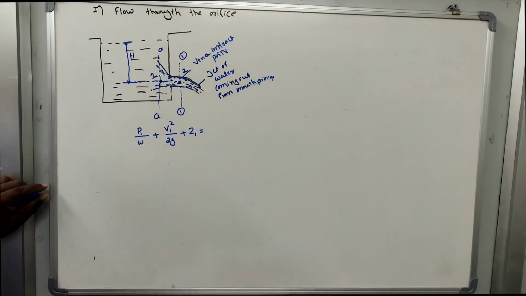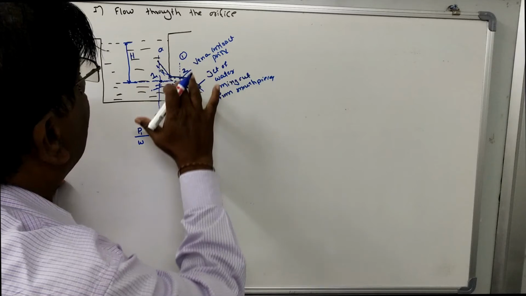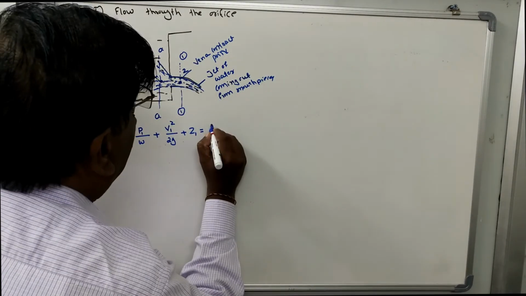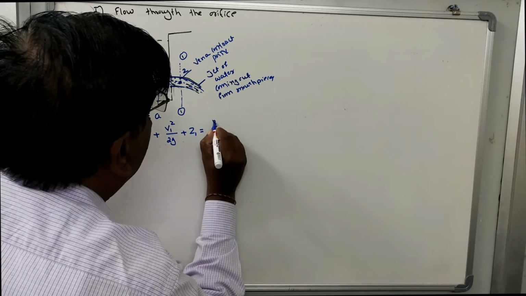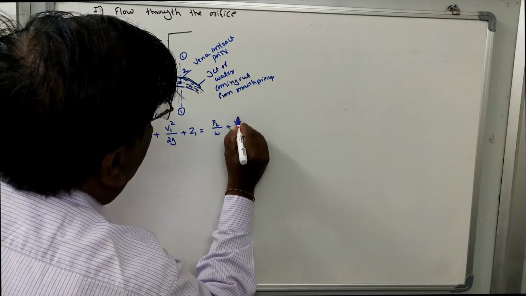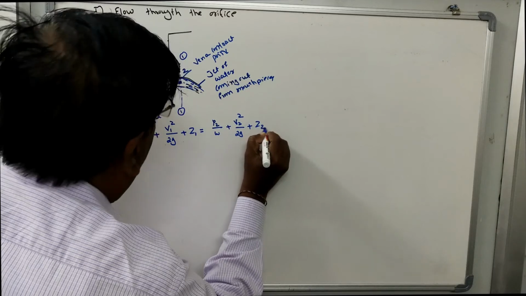This is equal to the Bernoulli's energy equation at point 2: P2 by W plus V2 square by 2g plus Z2, where P2 is the pressure intensity at point 2.